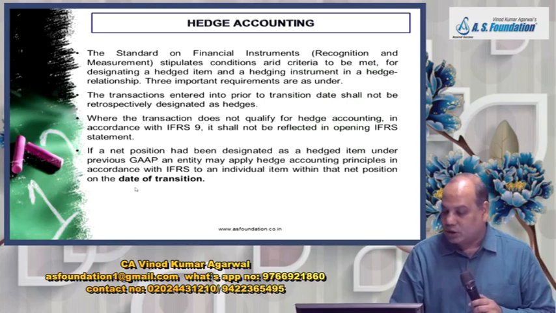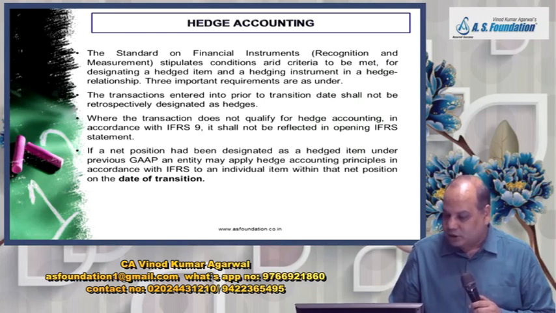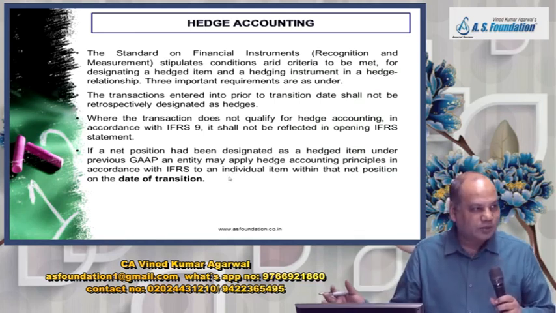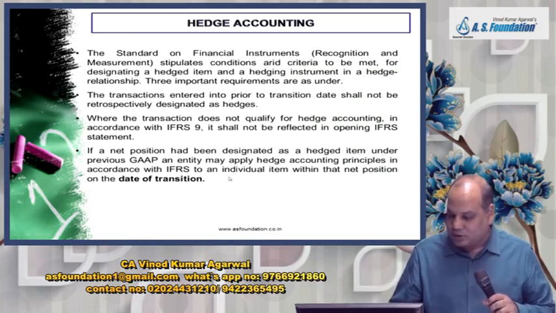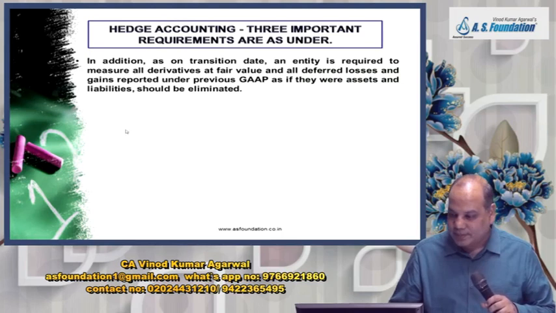So if there is a long and a short position simultaneously undertaken and it is designated as a hedged item under previous GAAP, then the entity may apply hedge accounting principle to an individual item within that net position. Instead of the whole net item treated as hedged item, the 2 individual items can be treated as hedged items and you can apply from the date of transition, not retrospectively.